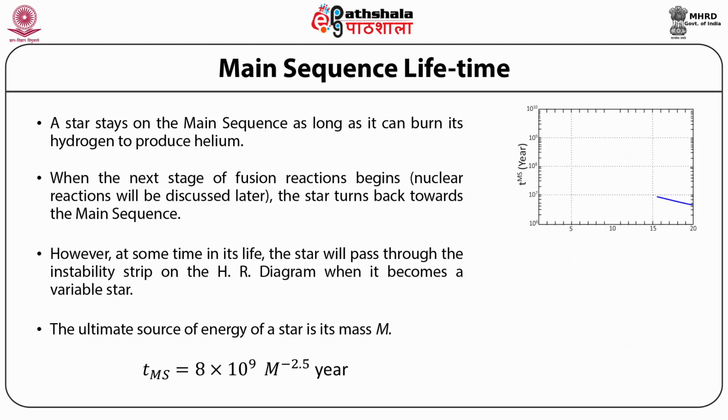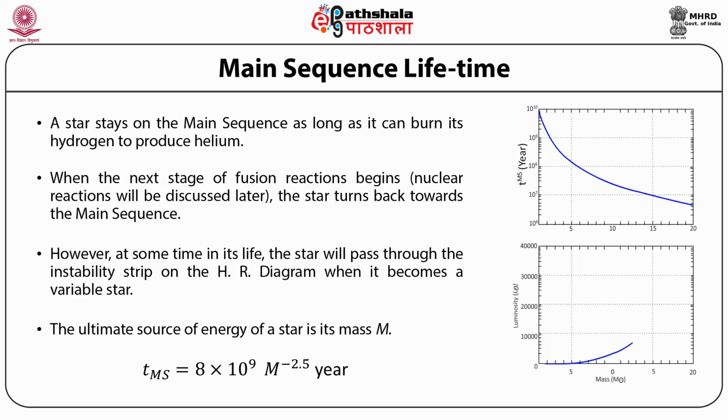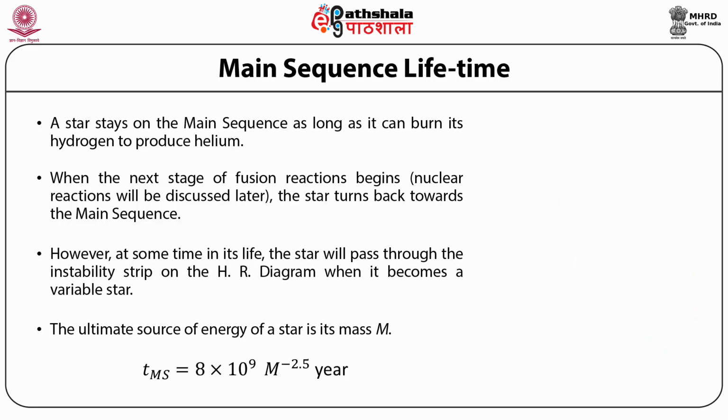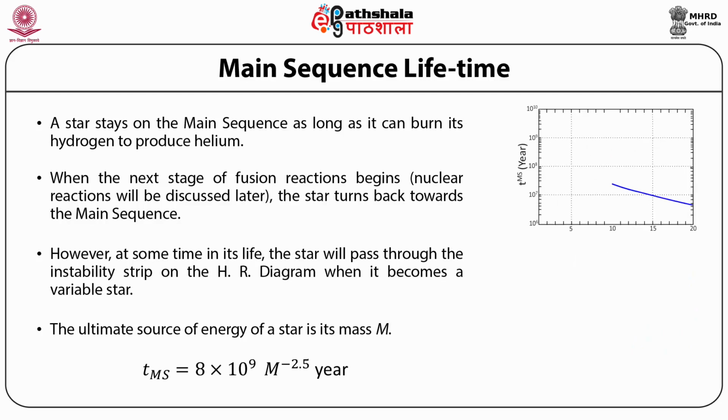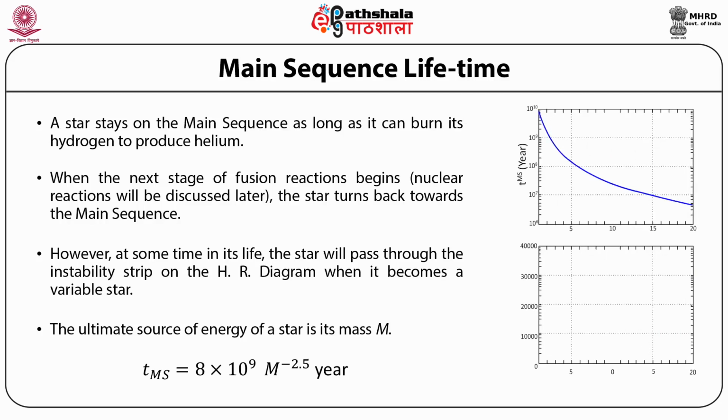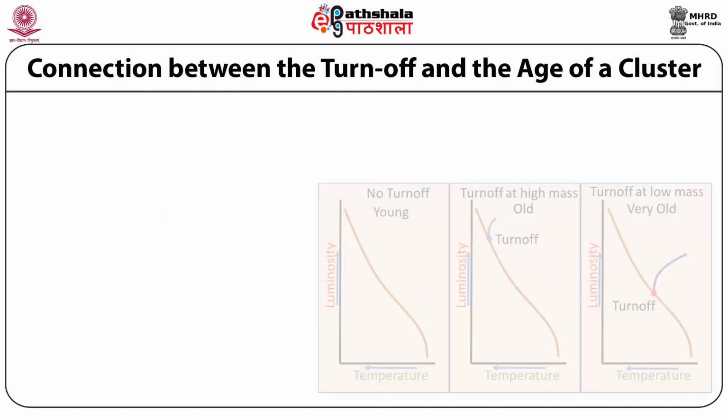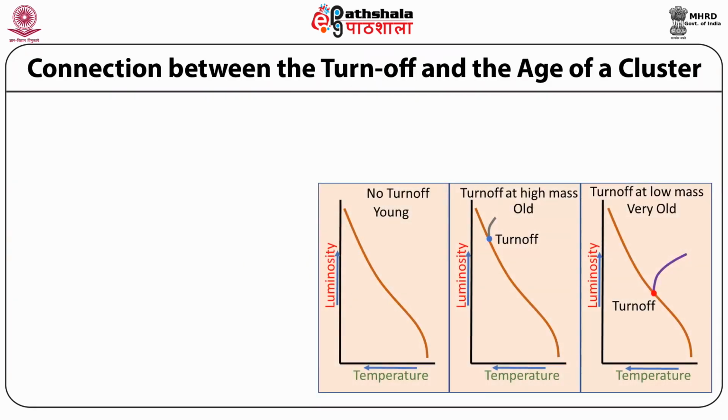These are the figures showing the lifetimes and luminosities of the main sequence stars as a function of their solar masses.